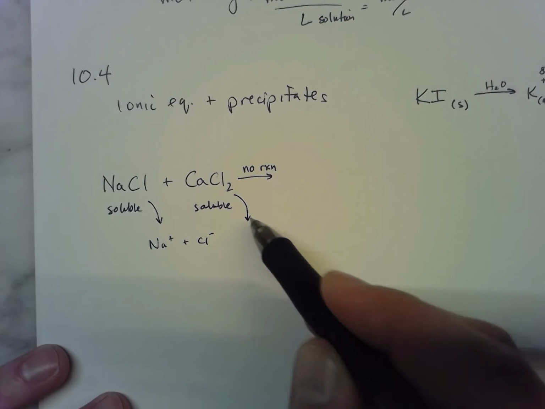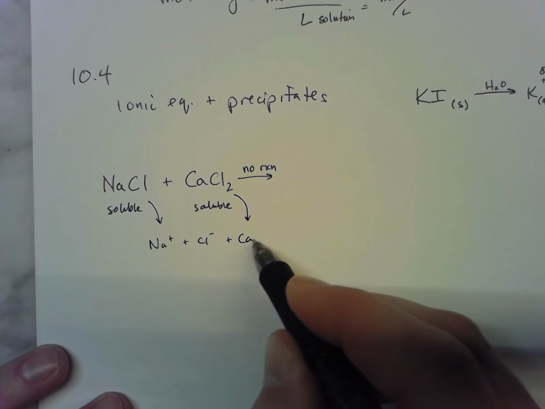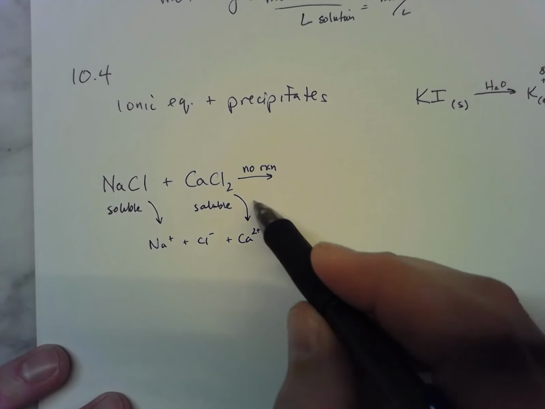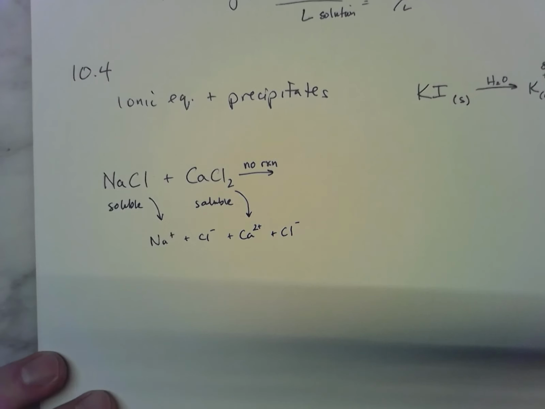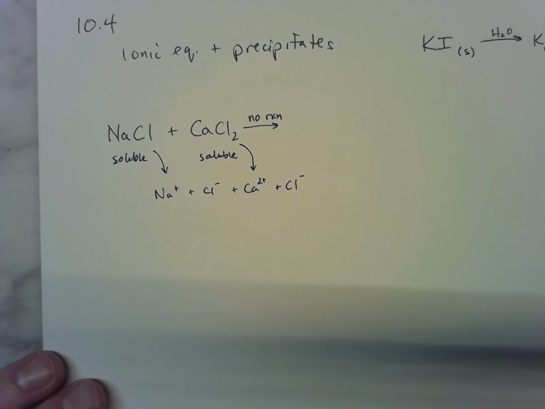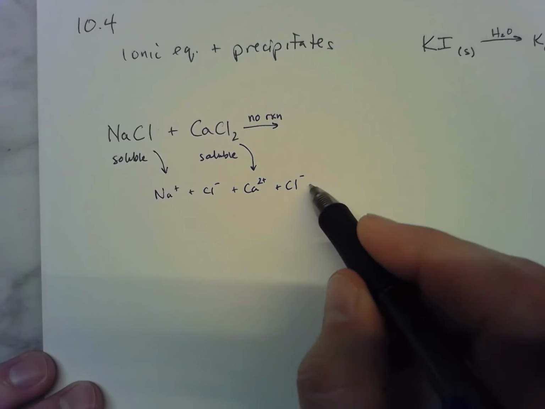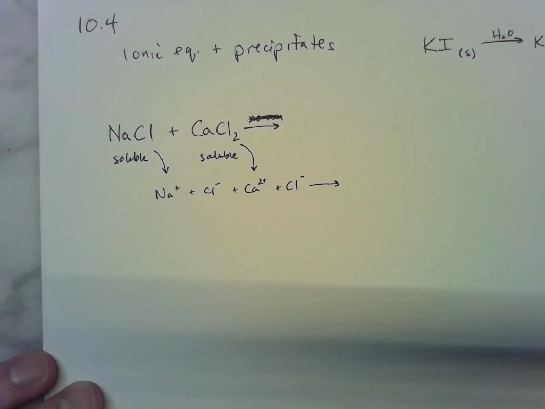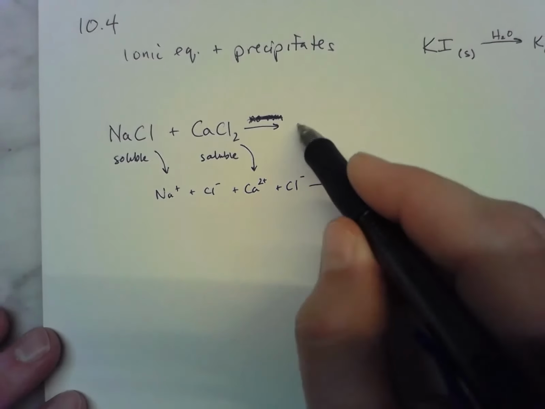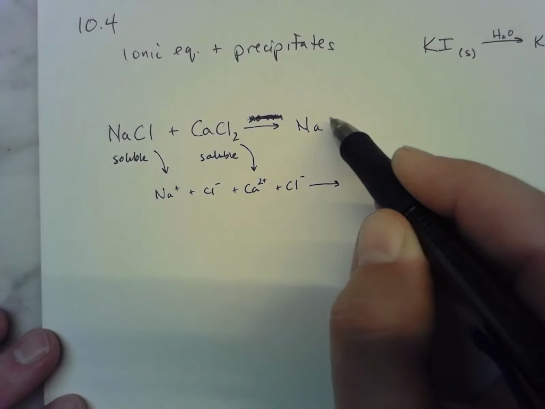This is going to be Ca2 plus and Cl minus. Right? So let's just say there is a reaction. Let's just pretend there is. Okay, what's going to happen? Let's say we end up with Na. No, this is not a super good one.